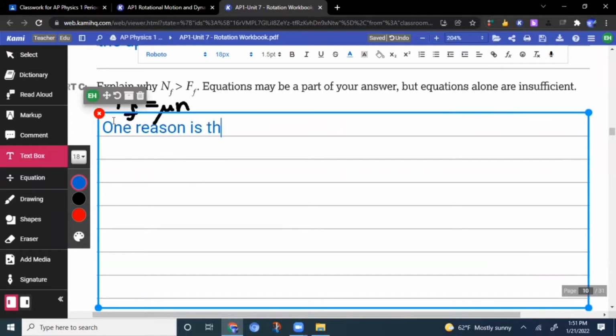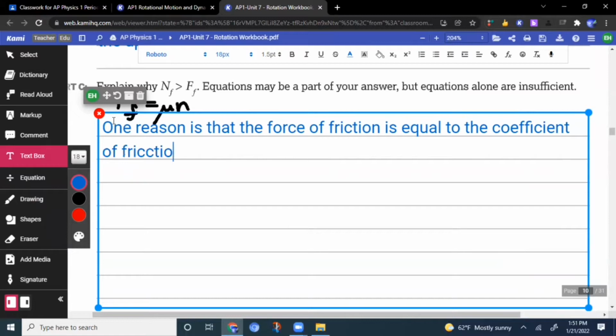One reason is that the force of friction is equal to the, what is mu? Coefficient of friction times the normal force.